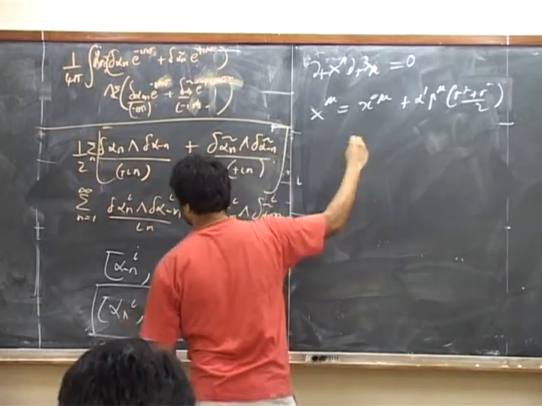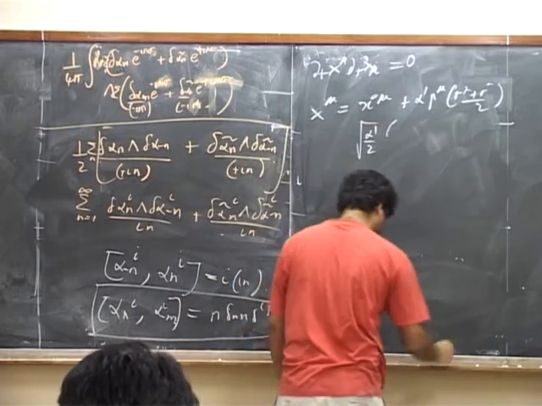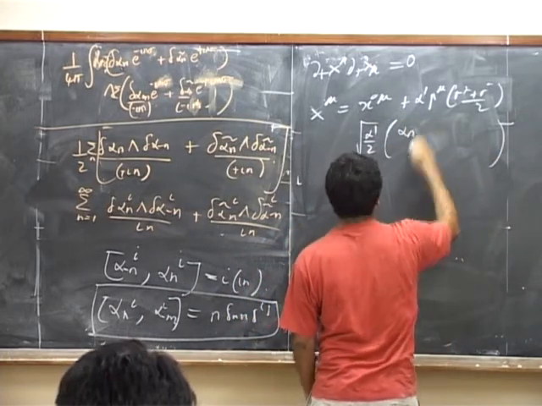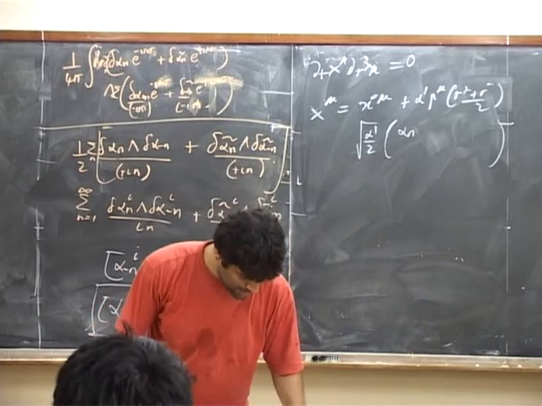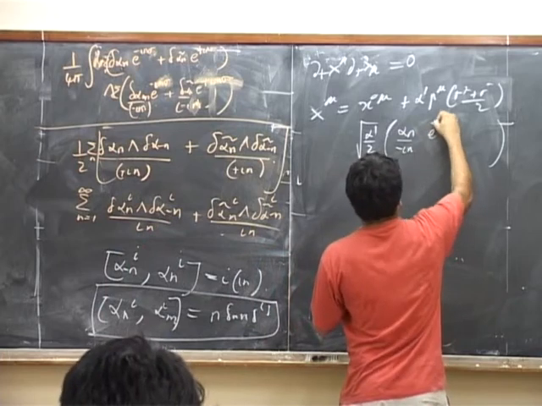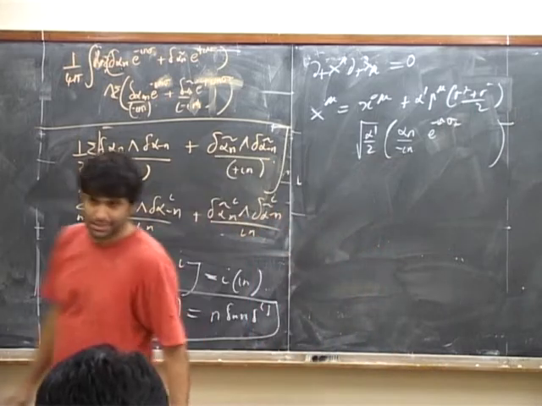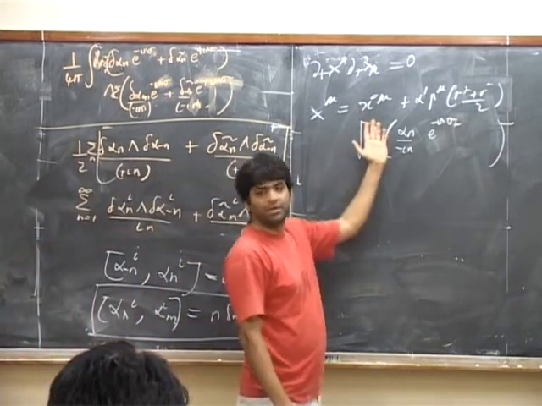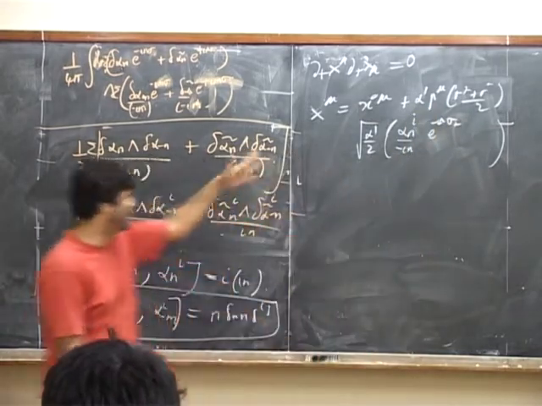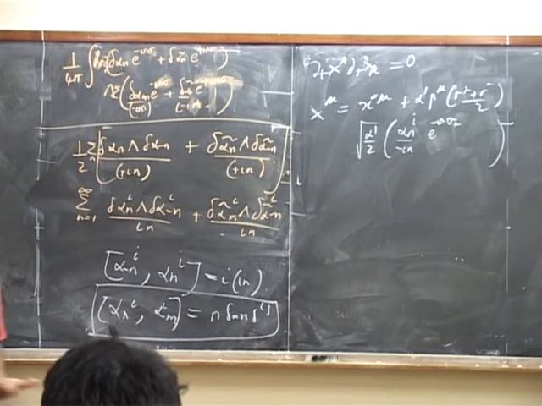The oscillator part is alpha prime by 2, and then alpha n by minus i n, e to the power minus i n. This part is correct only if we put in the indices i. You understand that, right? We don't need the first two terms for x0 or x1.